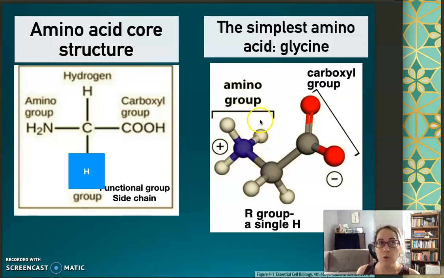In addition, when we start to see the formation of polymers of a string of amino acids, we're going to see some changes in the amino group and the carboxyl group in order for these guys to form bonds between the multiple amino acids.